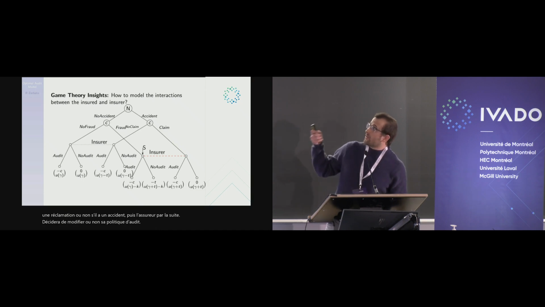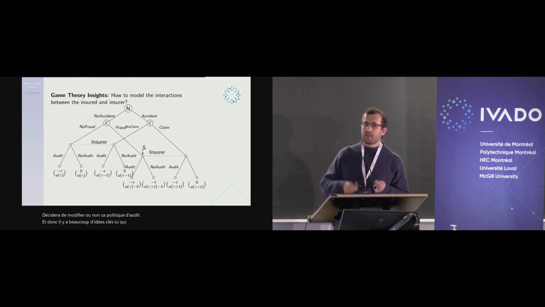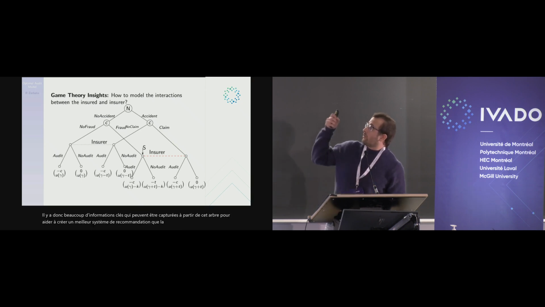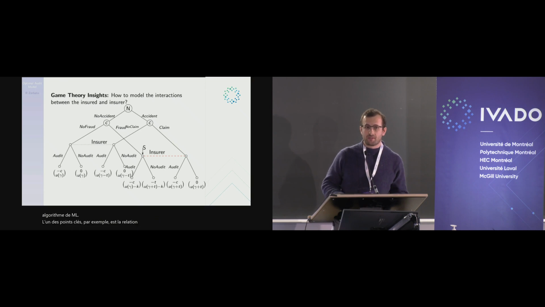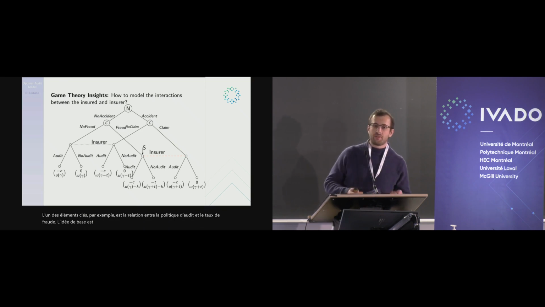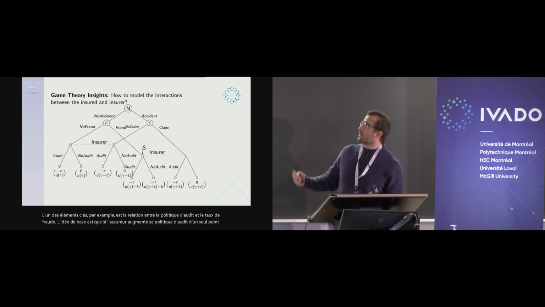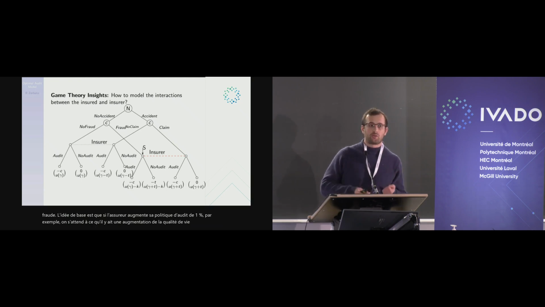There are lots of key insights here that can be captured from this tree to help create a better recommendation system than just using an ML algorithm. One key insight, for example, is the relationship between the audit policy and the fraud rate. The basic idea is that if the insurer increases his audit policy marginally by, let's say, 1%, you are expecting to see a decrease in the fraud rate because the audit policy will be higher.